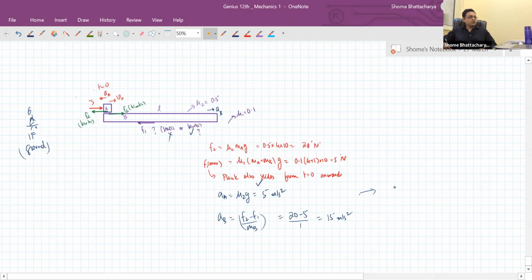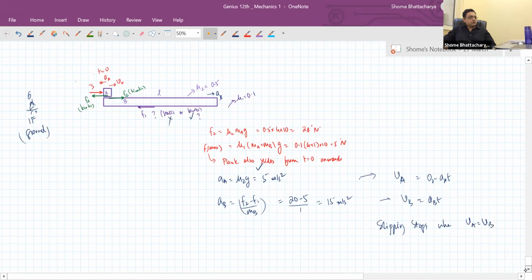So we will see that the velocity of A is v naught minus, okay, and the velocity of B. Slipping stops when the velocity of A is equal to the velocity of B. From that moment onwards, slipping stops.